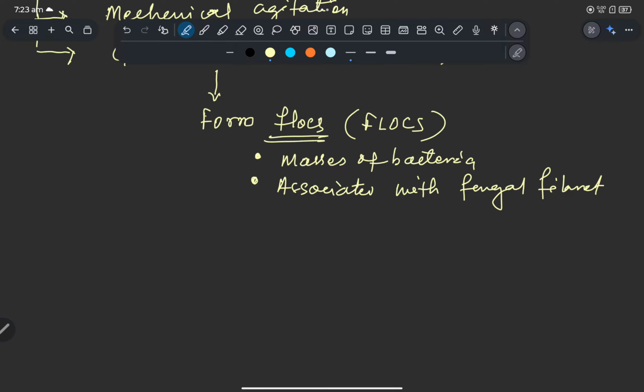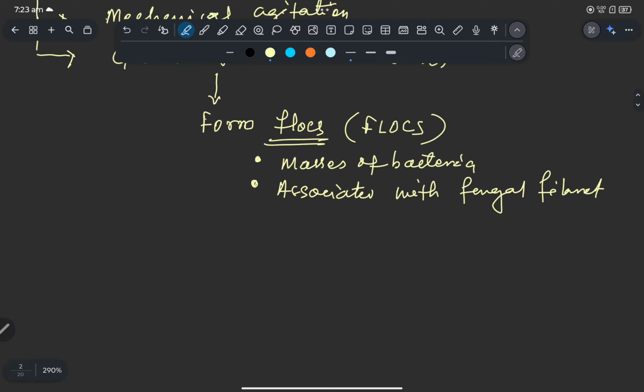So why are these bacteria and fungal filaments grown? Due to the presence of the pollutants, and by getting the air pumped into the tank, the microbes are grown. Now these microbes consume the organic matter.